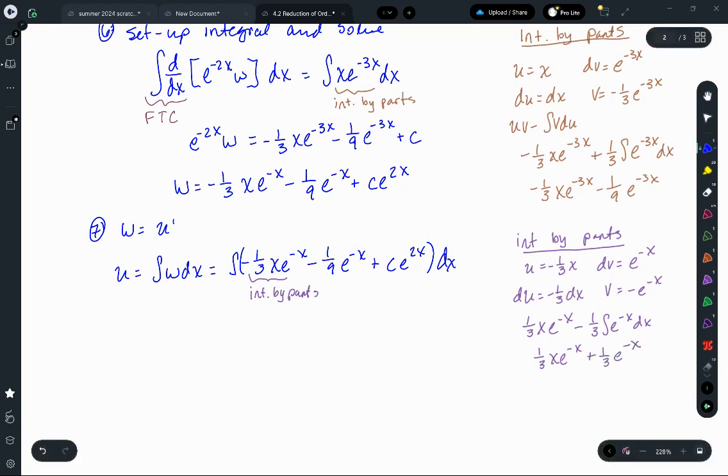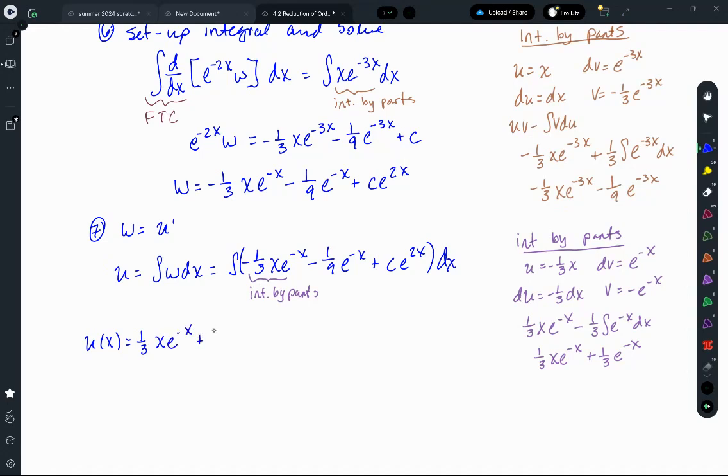Okay, finally, u of x is equal to a 1/3 x e to the minus x plus a 1/3 e to the minus x. That's just from the integration by parts. Now, the antiderivative of negative 1/9 e to the minus x will be a positive 1/9 e to the minus x.